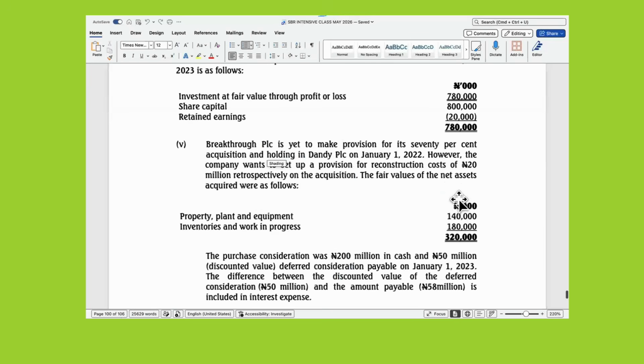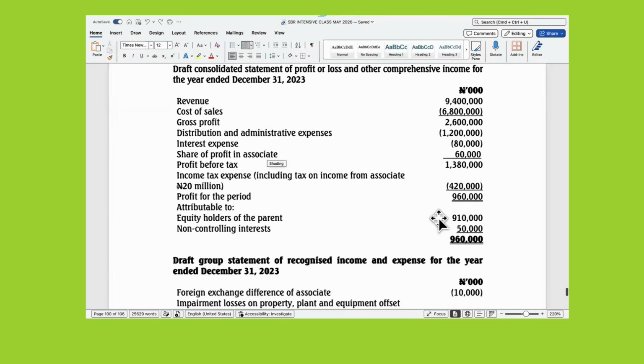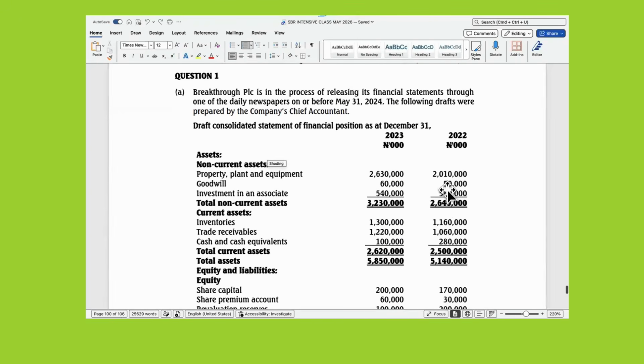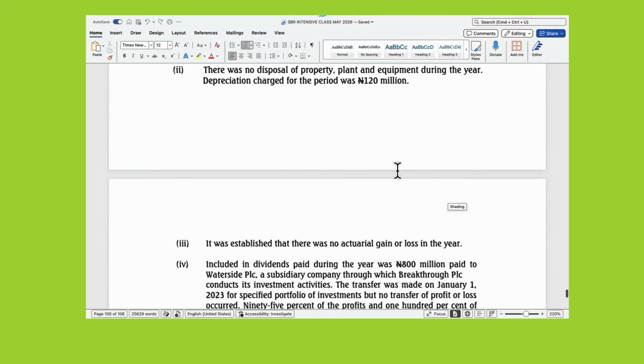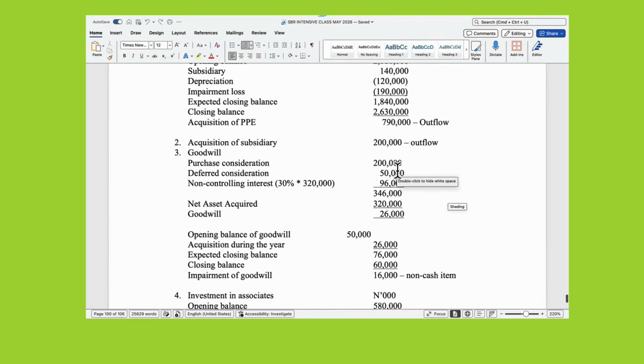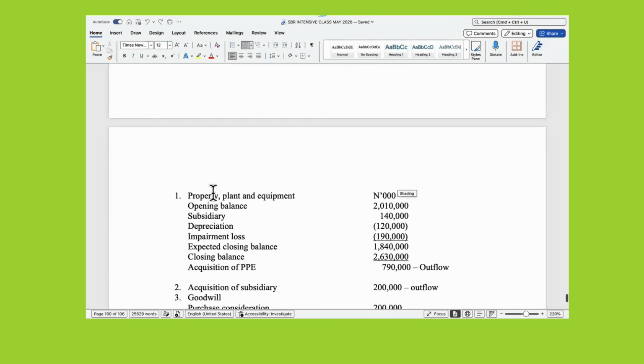So that would have also been included in my PPE. So I just do my movement in PPE between 2010 and 2630, and that will get me my additions or acquisitions of PPE. And that's what I did first, my movement in my PPE.